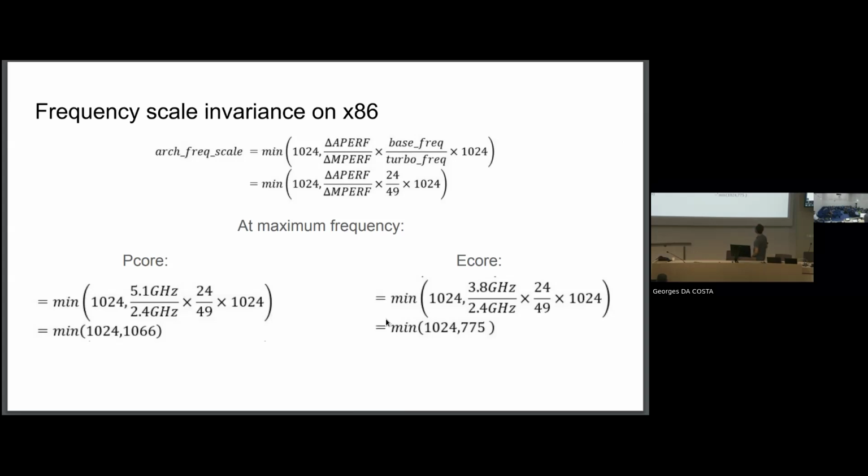And after doing the math, we see that the frequency scaling factor that we use for our calculations goes from 0 to 775, meaning that we are underestimating the frequency scaling of the E-core by maybe 30%.